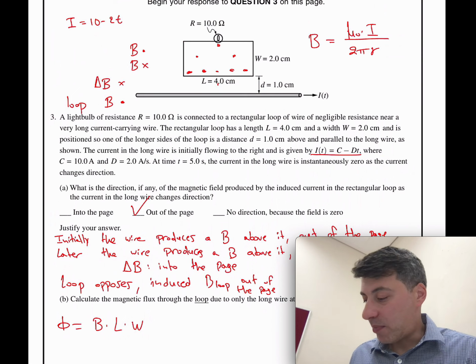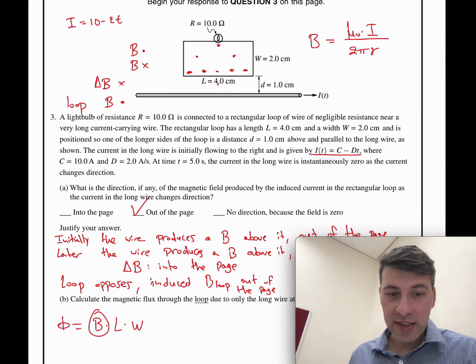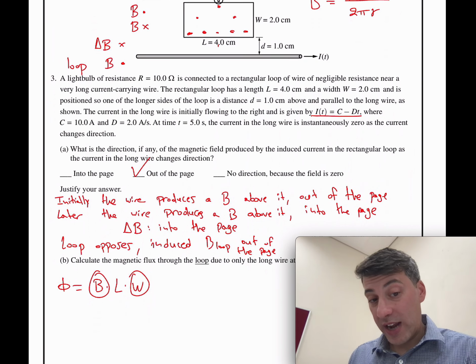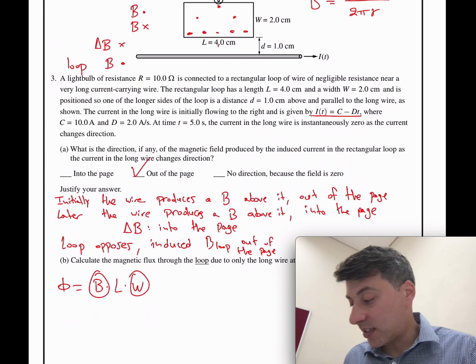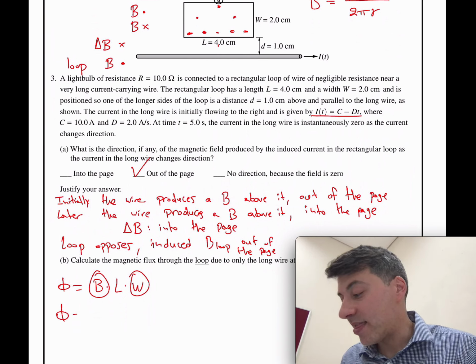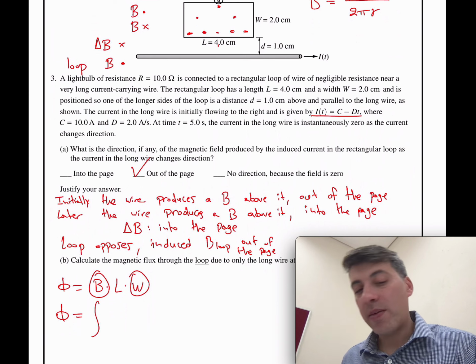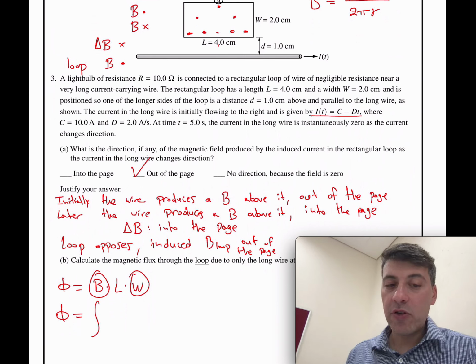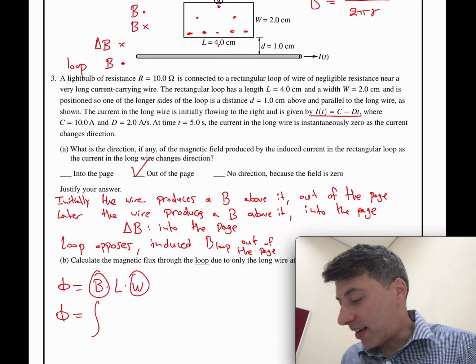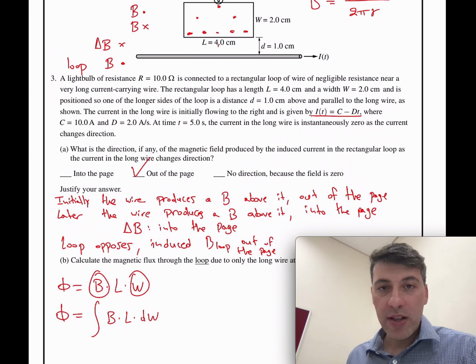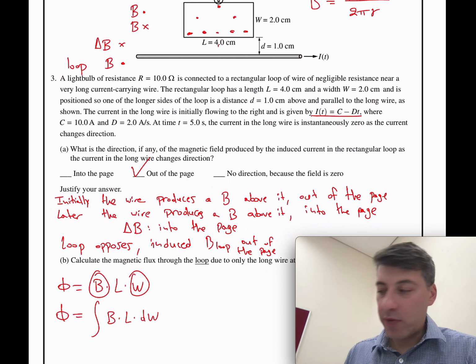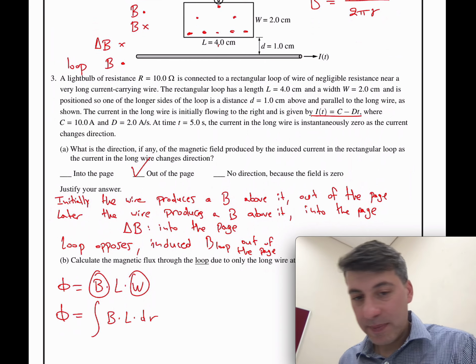Because the value of the magnetic field is not constant with respect to the width, we'll not write this equation for the magnetic flux, but we will say that the magnetic flux is the summation of the magnetic field times the area, in other words, integration. So magnetic field multiplied by the area, or length times d width, but the width is the distance away from the wire, so it is dr.